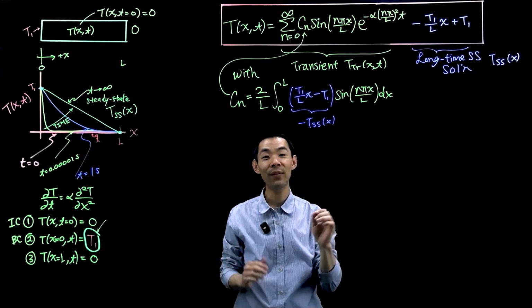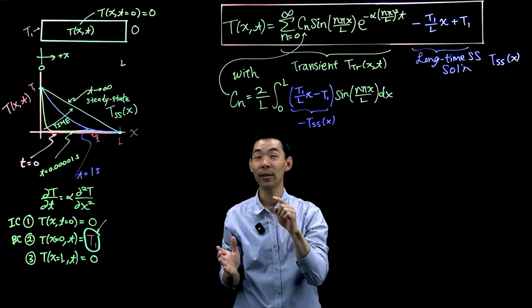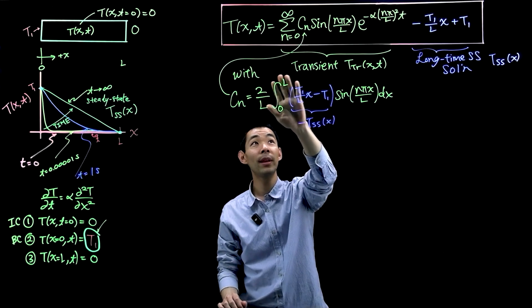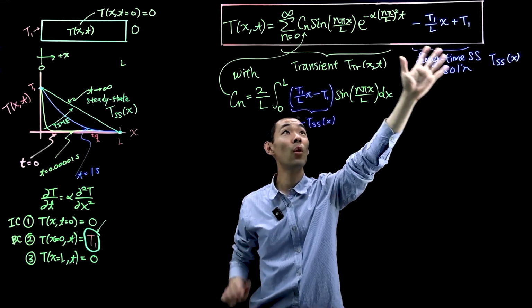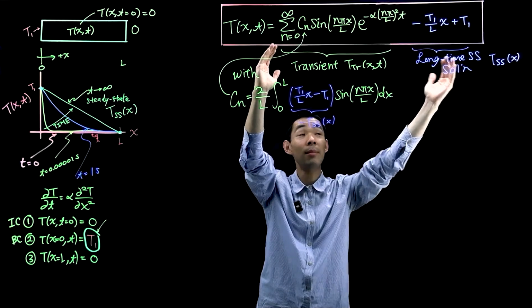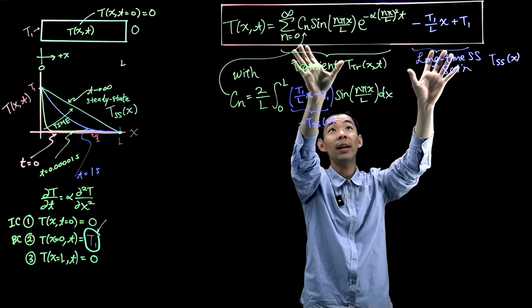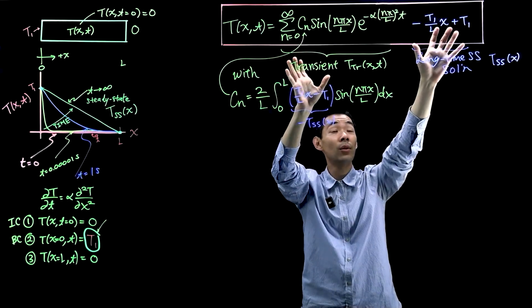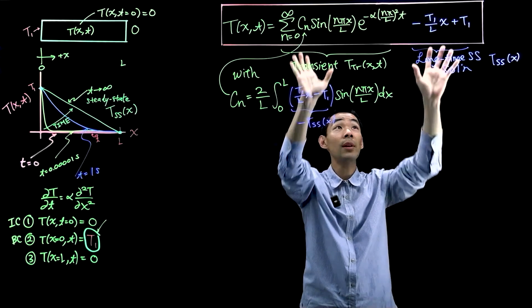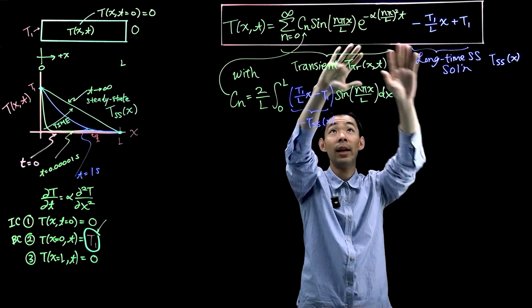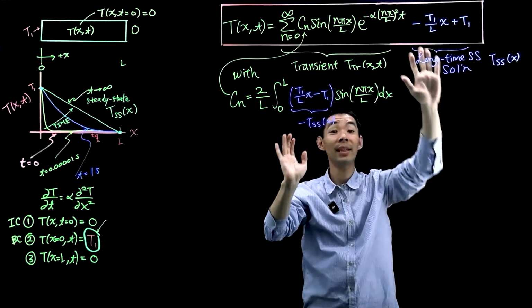Because when you think about it, if there were a term that looked like T squared, temperature squared, then if you were to take the quadratic of this equation by squaring it, you'd get this squared plus this squared, which is fine, but you also get a cross term. You get T transient times T steady state.